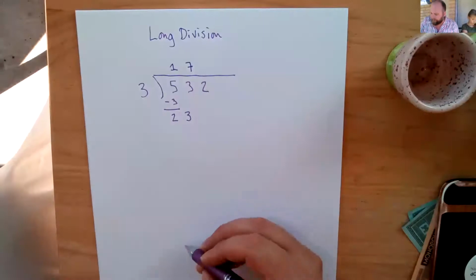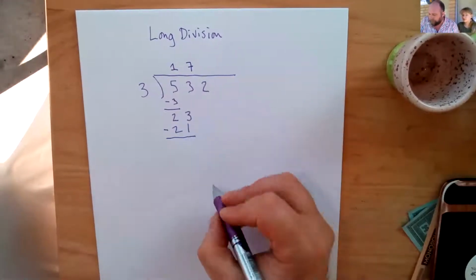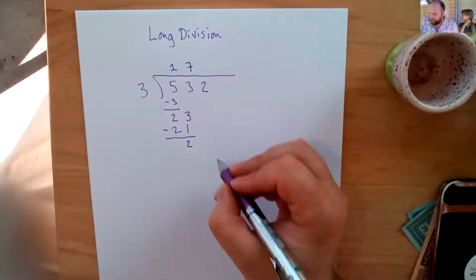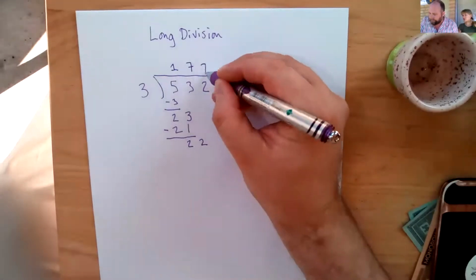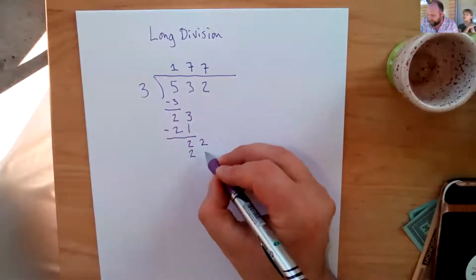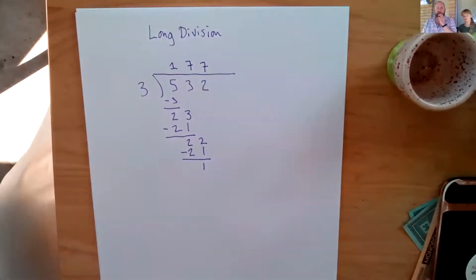So 3 times 7 is 21. Remainder of 2. Bring down the 2. And again, 3 times 7 is 21. So I have a remainder of 1.